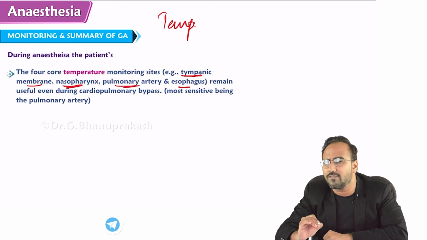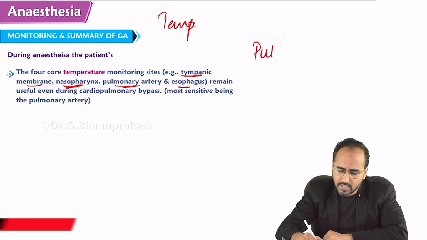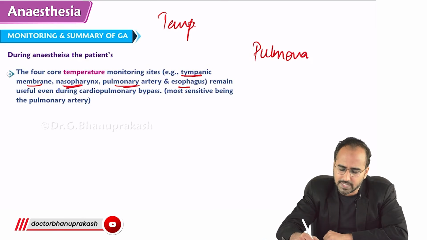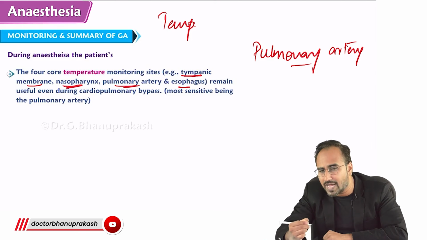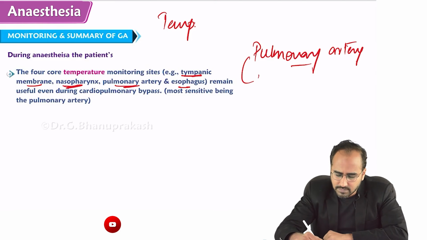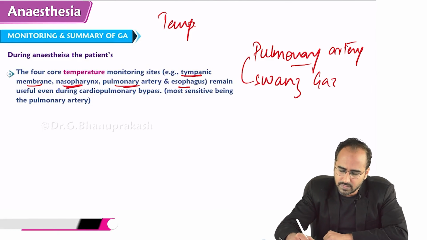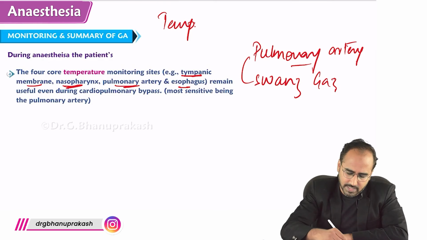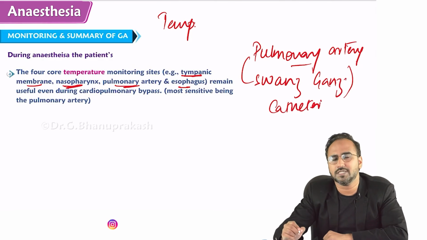The best site for core temperature monitoring is the pulmonary artery, where we keep a Swan-Ganz catheter and monitor the temperature.